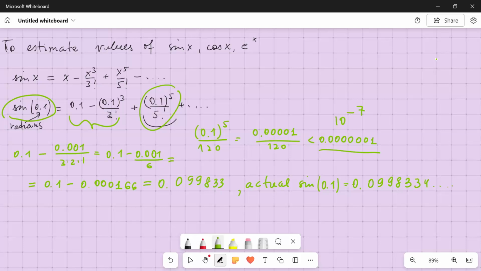If you start comparing, 0 is correct, 9 is the same, another 9 is the same. So 3 digits are exact, 4 digits, 5 digits, 6 digits are exactly the same as the calculator gives us. Why? Because the calculator is actually using this kind of formula. A calculator does not have a big table of all values of sines and cosines recorded. It's calculating them, maybe not this specific formula, but something similar.